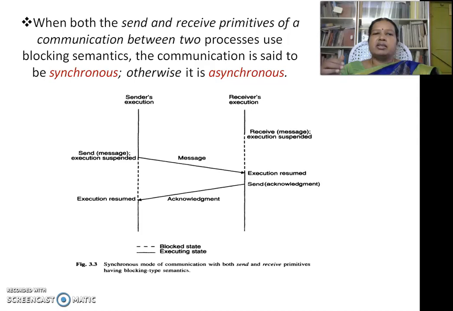Then only the sender starts its other work. So this is the diagram that illustrates the synchronous mode of communication with blocking primitives. That is, on both the receiver side and the sender side, the execution is suspended while the message is processed.